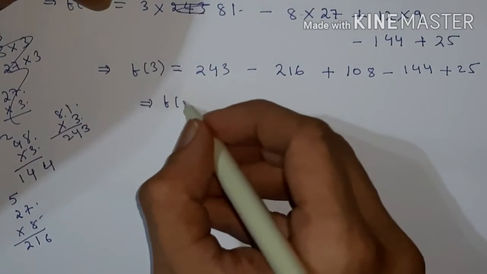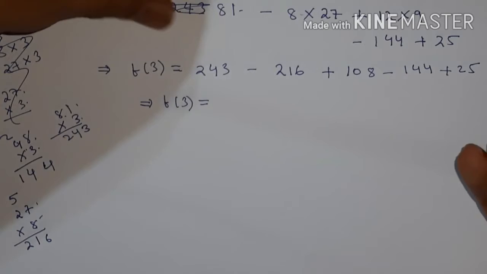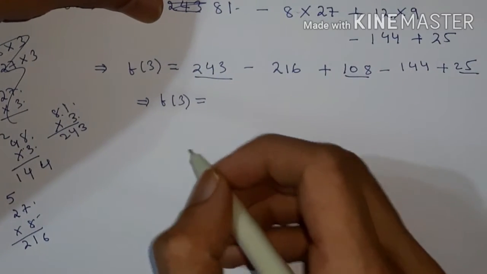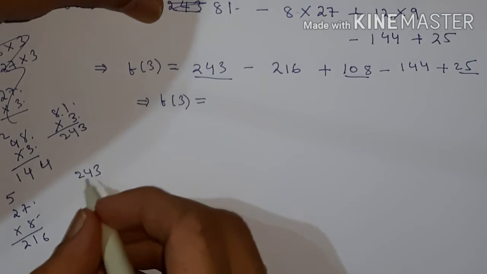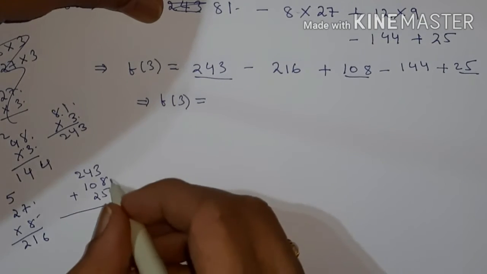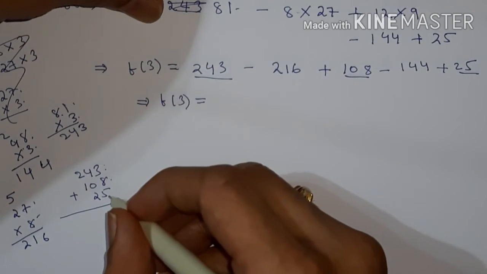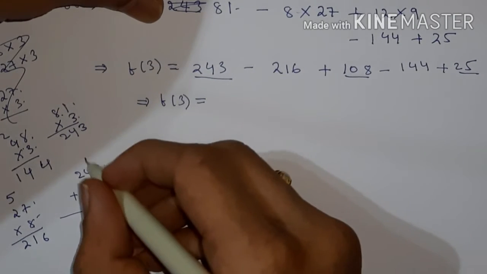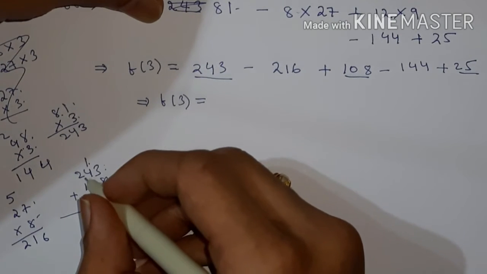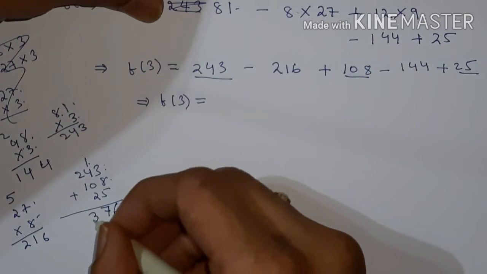So f of 3 is equal to, you can add all the positive numbers: 243 plus 108 plus 25. 8 plus 3 is 11, plus 5 is 16, 4 plus 1 is 5, plus 2 is 7, and 2 plus 1 is 3.